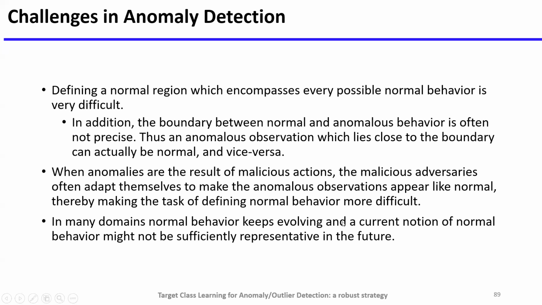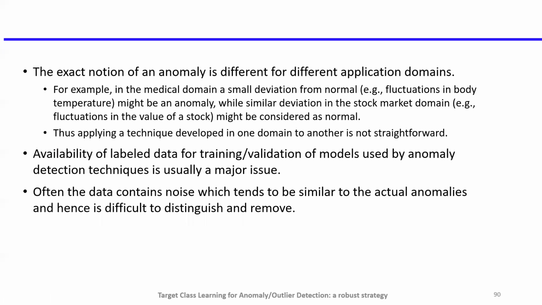There is one more criterion: normal behavior keeps evolving, and the current notion of normal behavior may not be sufficient to represent normalcy in the future. So that can also be seen as an anomaly in the future. Another challenge is that the definition of anomaly is very different in different applications.